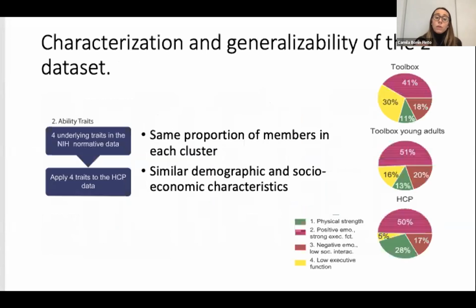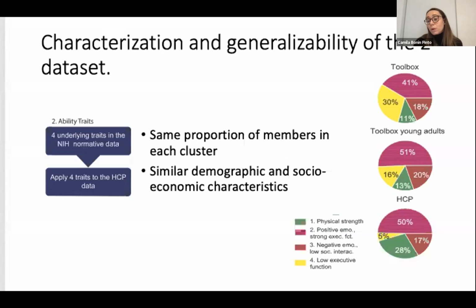As I mentioned, we did this on the NIH normative dataset, and we applied the same model in the HCP dataset, and then we compared individuals in these two samples to see if our ability traits were generalizable. To compare, we built clusters using only the ability traits and not any other characteristics of these individuals.